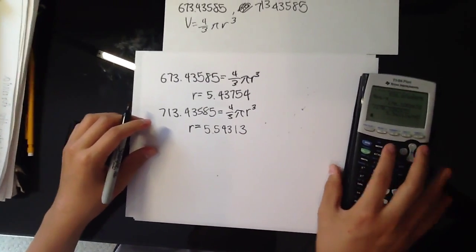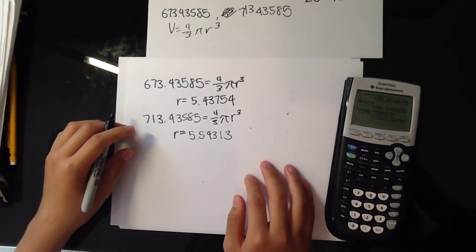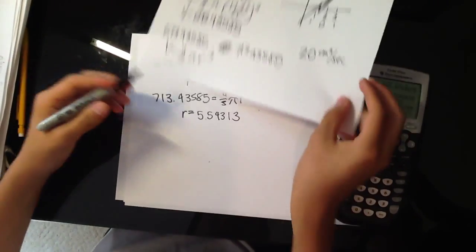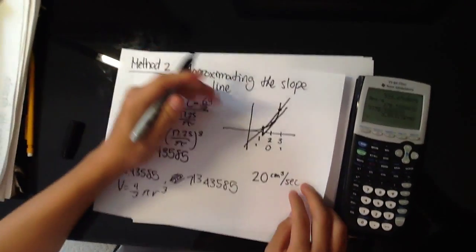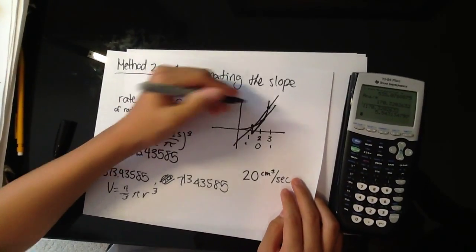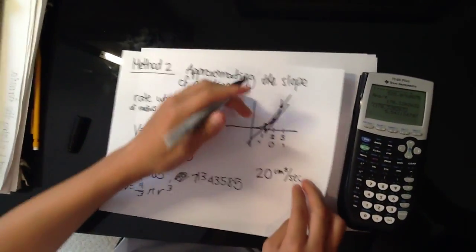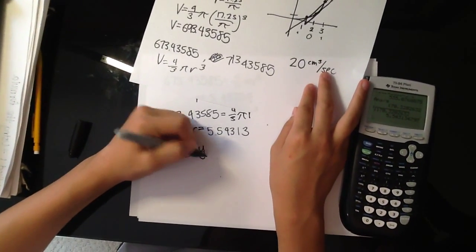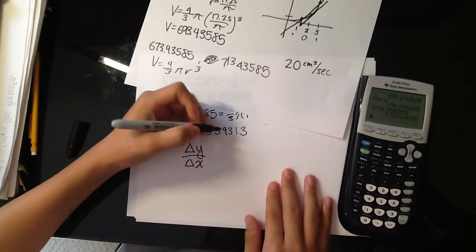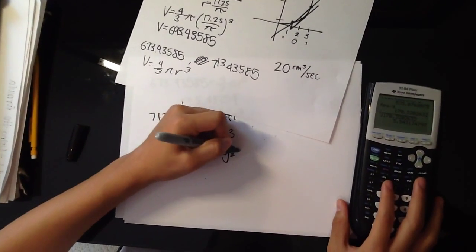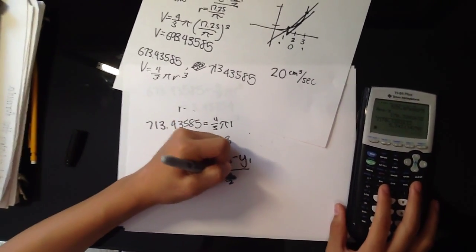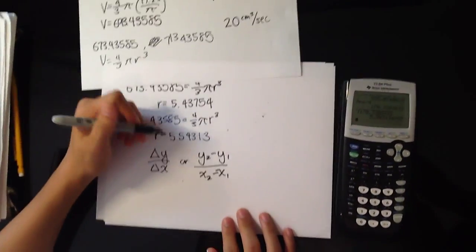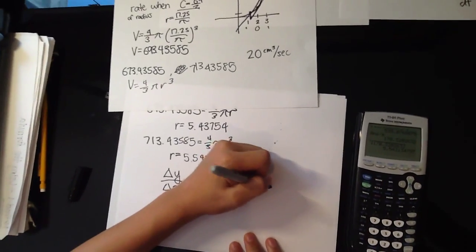So now we know the y's from this equation, so this and this. In order to find slope, it's change in y over change in x, or y2 minus y1 over x2 minus x1. So we know the y's, so let's put that into our equation.